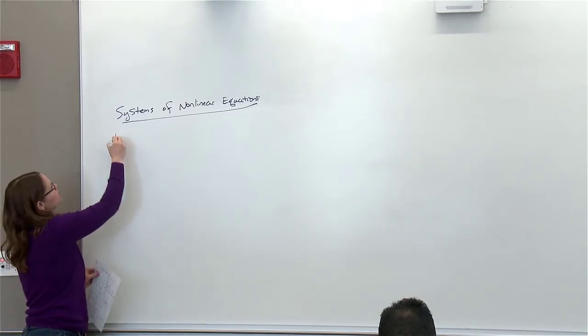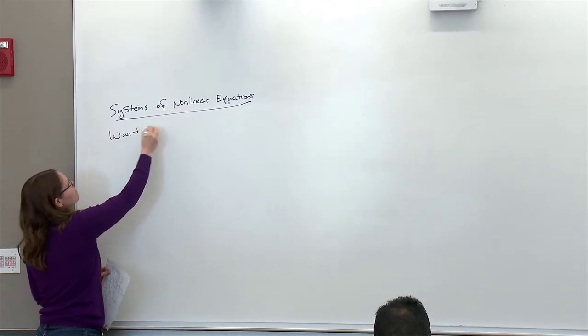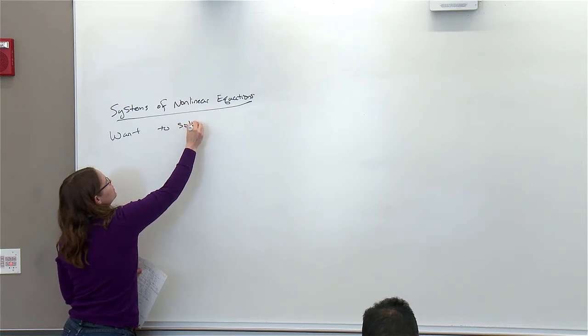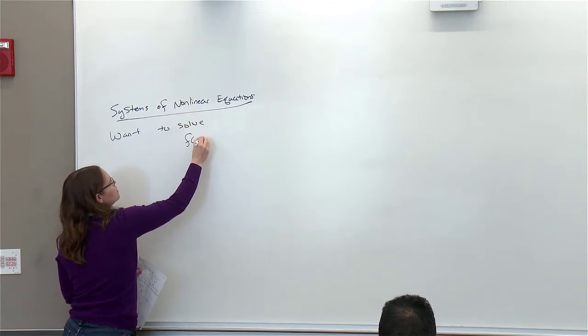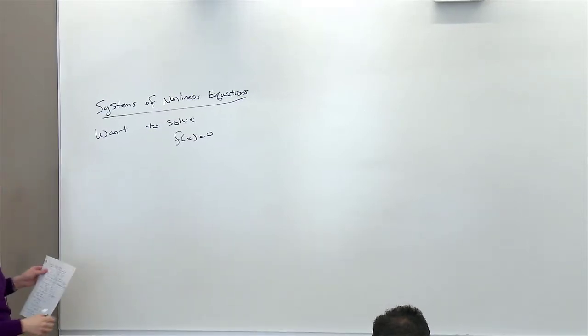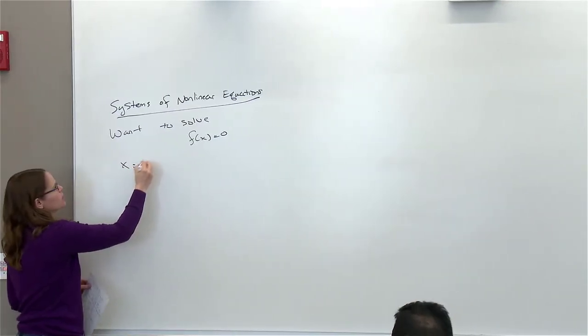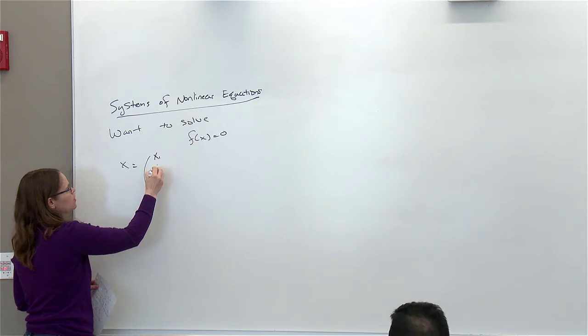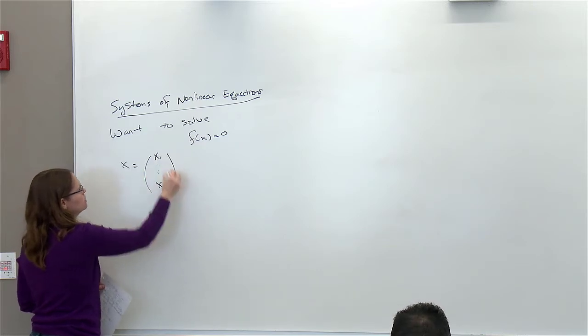Okay, so here we want to solve, again, f of x equals 0. But here x is a vector and f is a vector. Okay, so x is going to consist of the components x1 to xn.